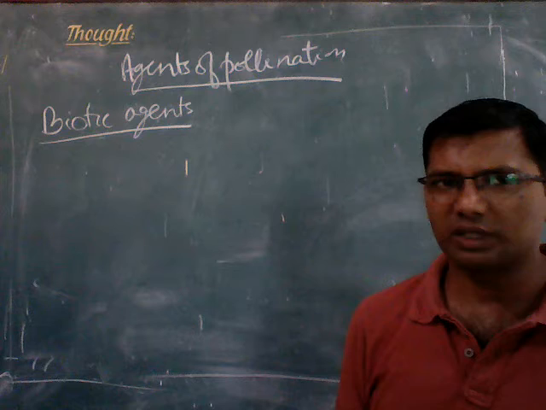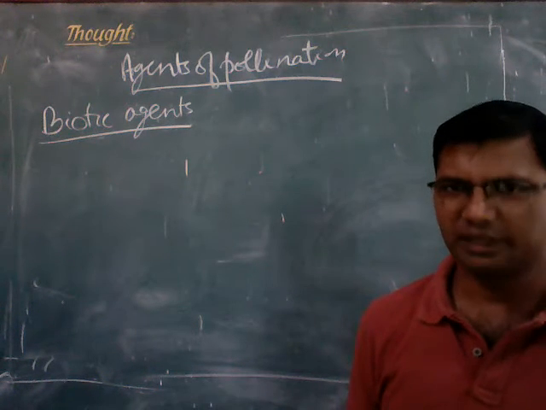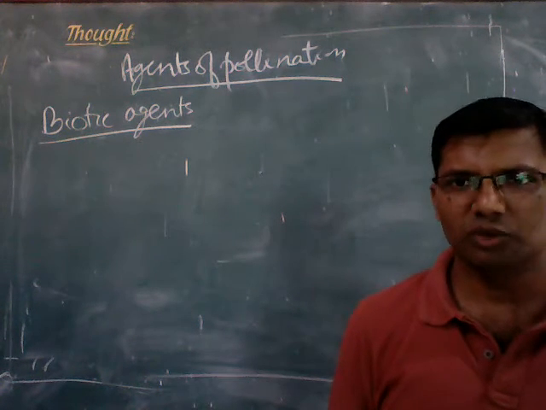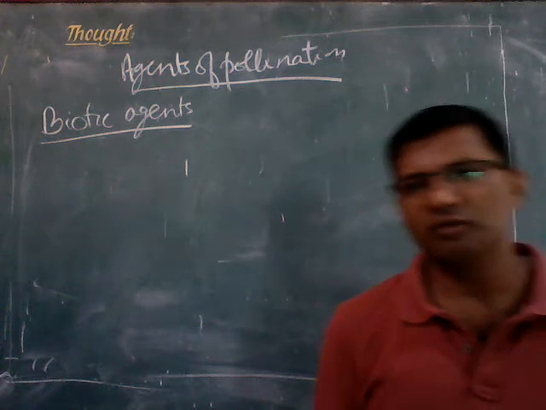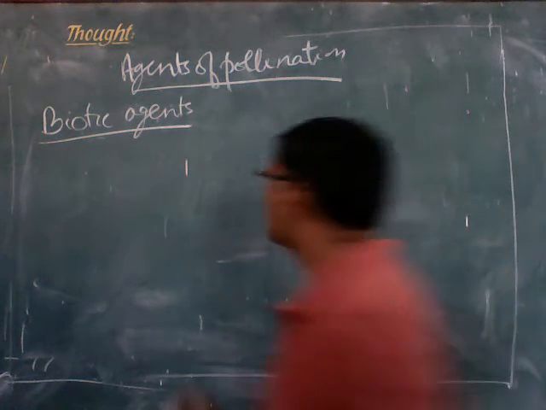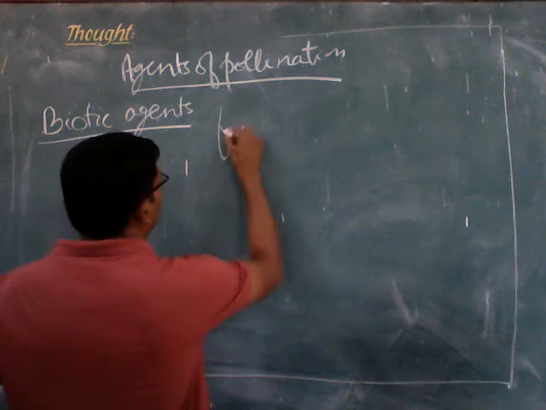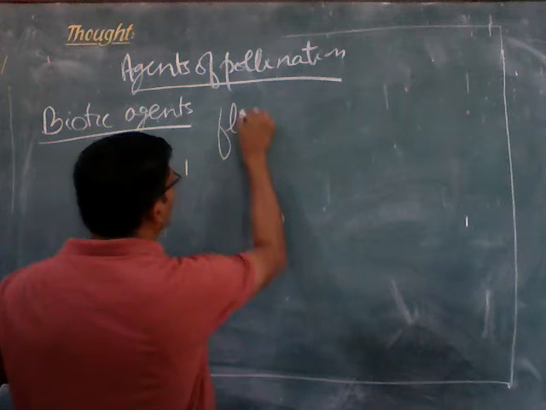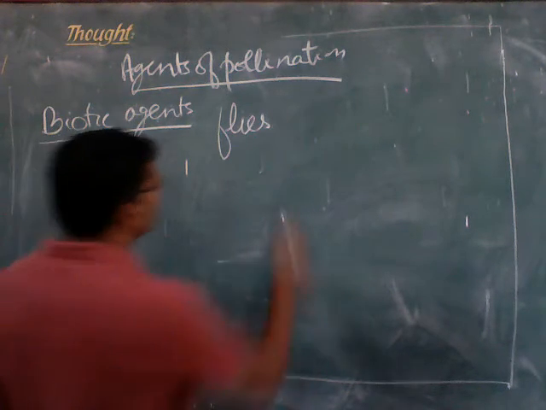So first let us see what the biotic pollinators are, what are the organisms which help in the pollination. Then we will see the floral characteristics. As we all know, there are many organisms which can help in the pollination.